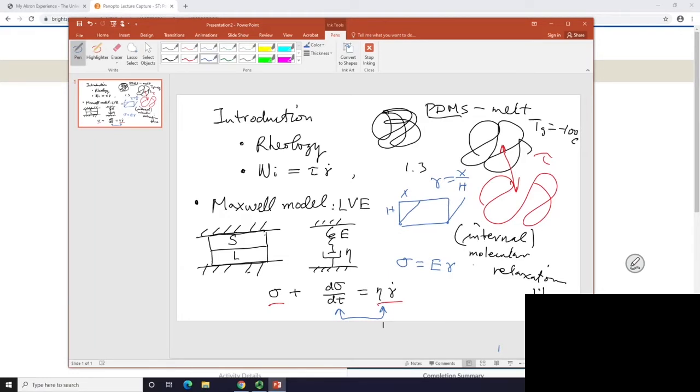And these two limits are obviously quite innocent because they are linear. This linearity comes from the fact that they are linearly proportional to each other, okay? So why do I say that? Because this term is the differentiation of Hooke's law.